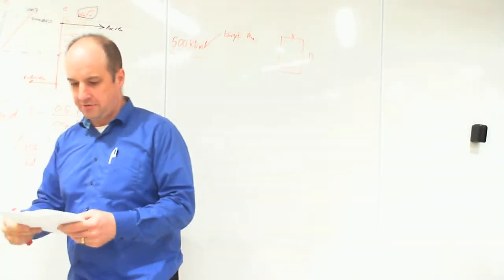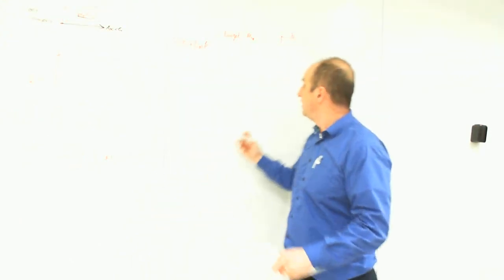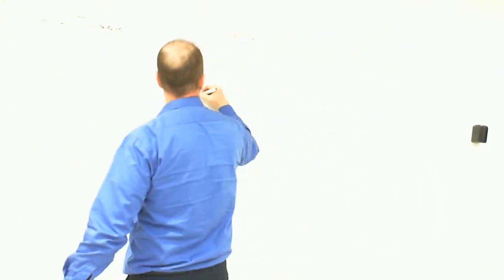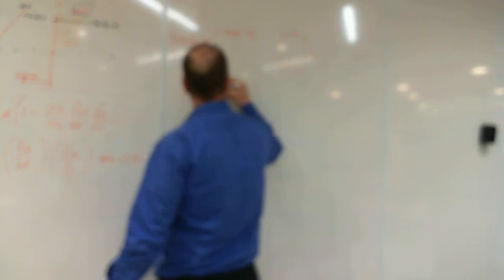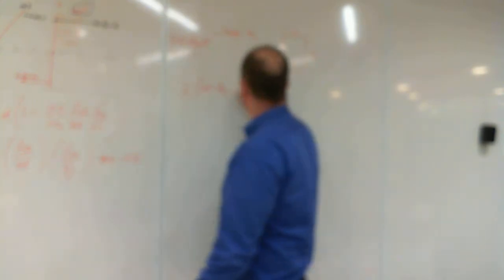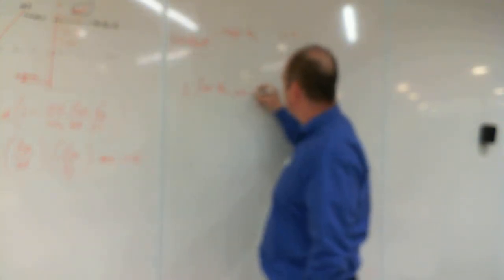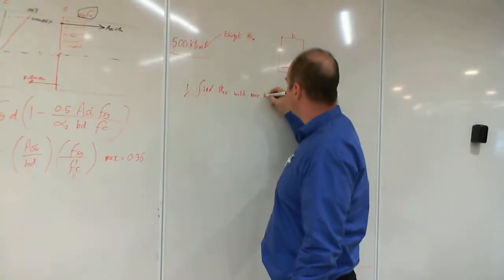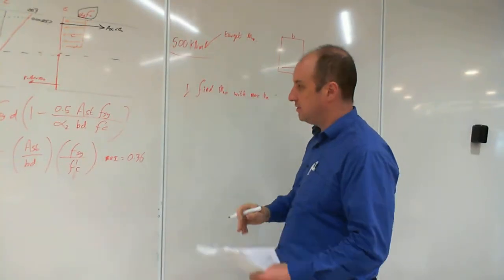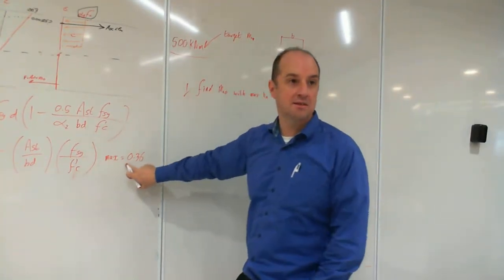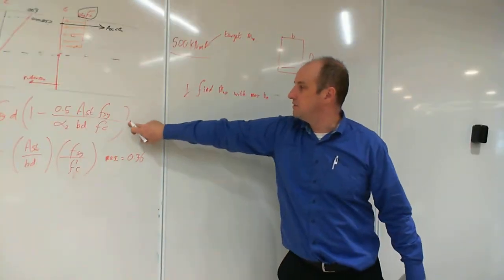So the steps you go through are: 1, find Mu naught with maximum Ku, Ku being a maximum 0.36, or 0.4 in the old code. Go ahead, use that equation.